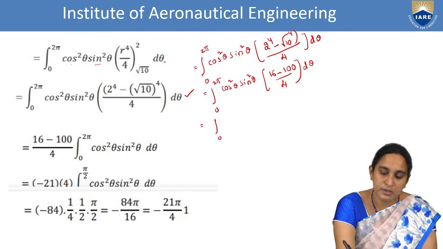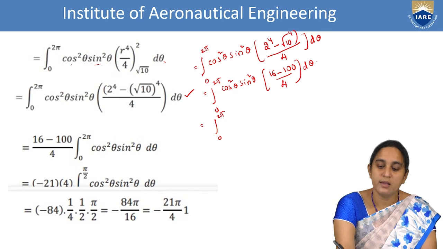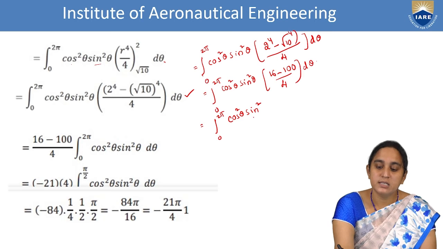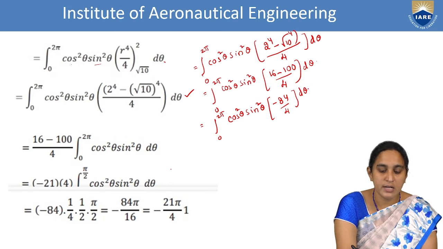That is equal to integral 0 to 2 pi cos square theta sin square theta, 16 minus 100 is equal to how much? Minus 84 by 4 into d theta.